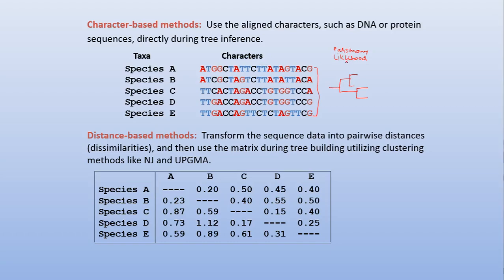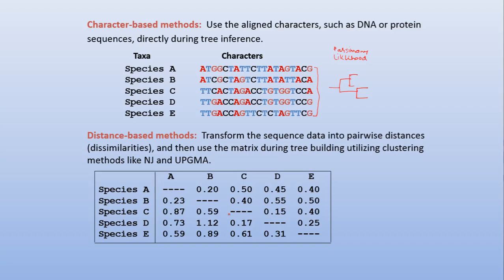Okay, another type of method, which we call the distance-based method, in which we do not directly use the character data. What we do is convert this character data into pairwise distances, or what we call dissimilarities. Using the multiple sequence alignment data, we generate a pairwise distance matrix that accounts for the similarity or dissimilarity between the sequences that you are dealing with.